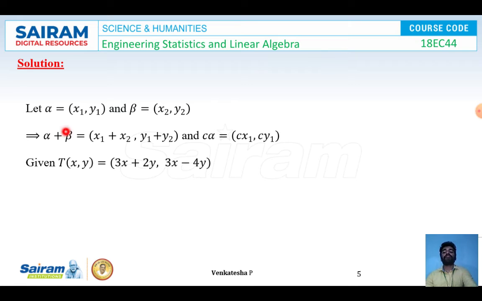That is, alpha plus beta is equal to x1 plus x2 comma y1 plus y2, and I am taking C alpha also, multiplying the scalar C with alpha. So I got C x1 comma C y1.